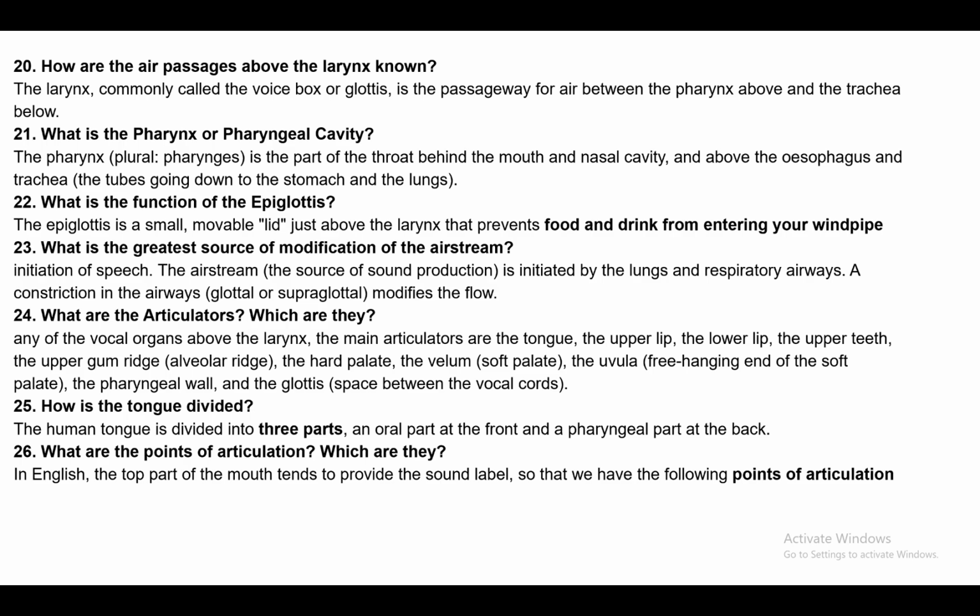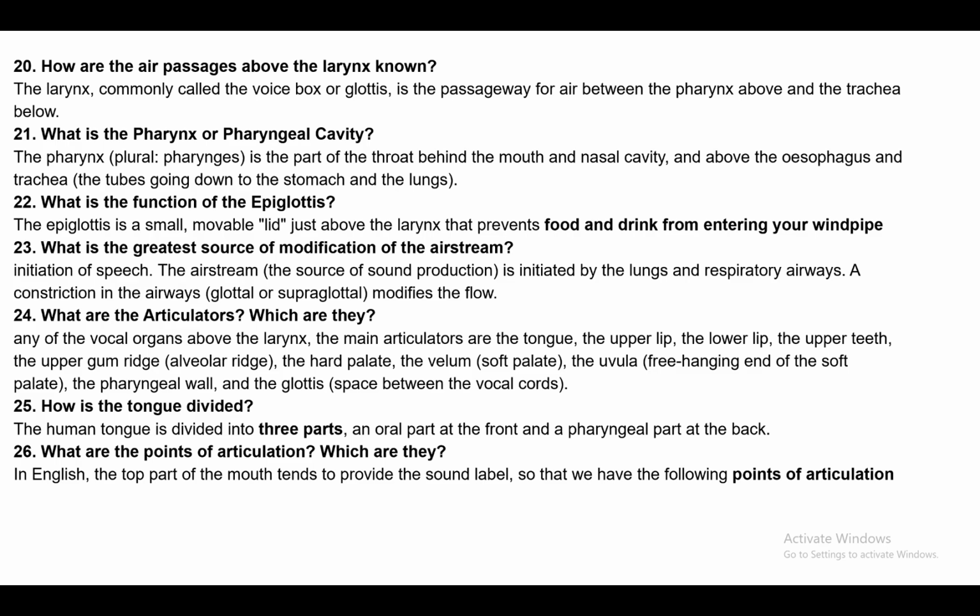How are the passages above the larynx known? The larynx, commonly the voice box or glottis, is the passageway for air between the pharynx above and the trachea below. What is the pharynx or the pharyngeal cavity?